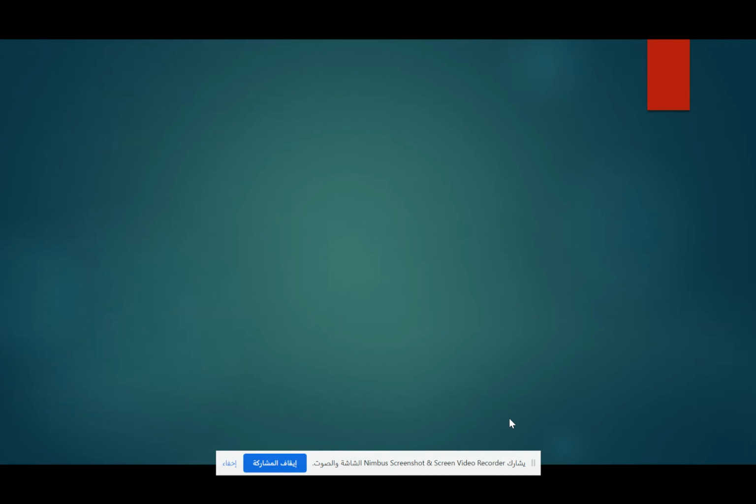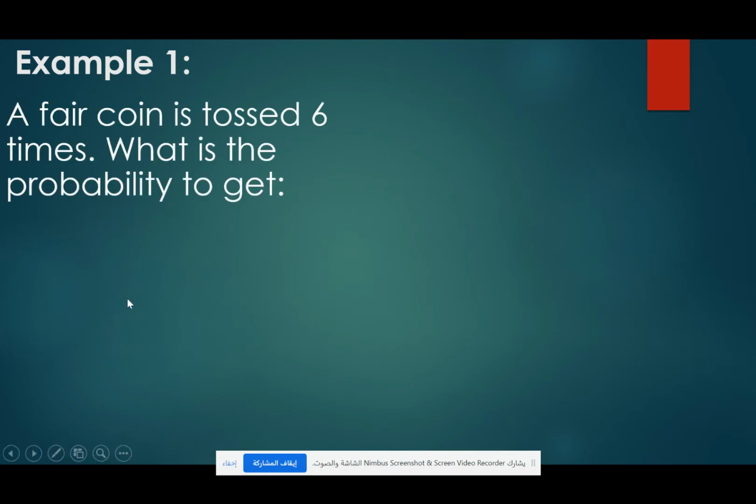Now let's have an experiment to understand the following. Example number 1. He said a fair coin is tossed 6 times. When he said fair, this means the coin has equal probabilities and equal appearance for head and tail, so each will have half and half in the probabilities.